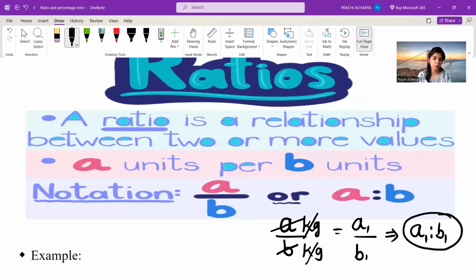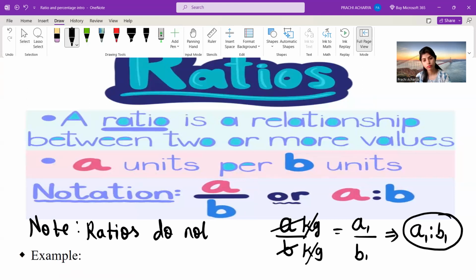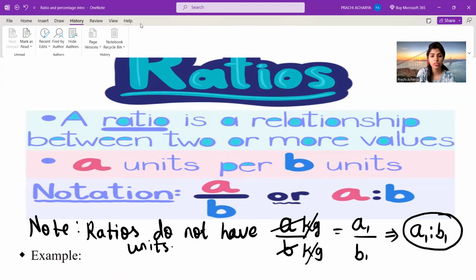So you must remember this note, which you must have seen in 7th standard, that ratios do not have units, because at the time of reducing, the units get cancelled and we get the ratio as a quantity without unit. I hope this much is clear.